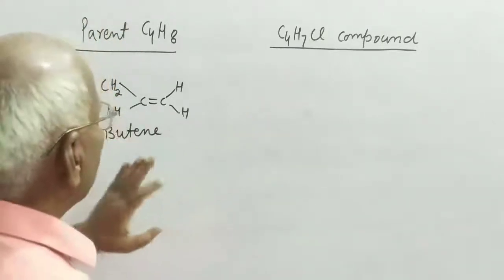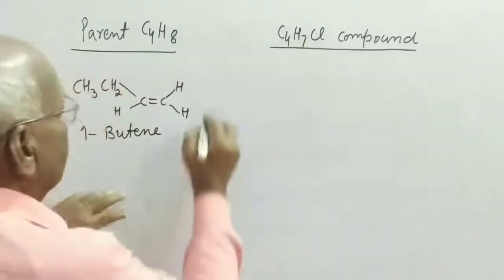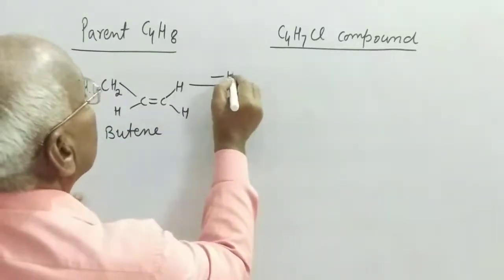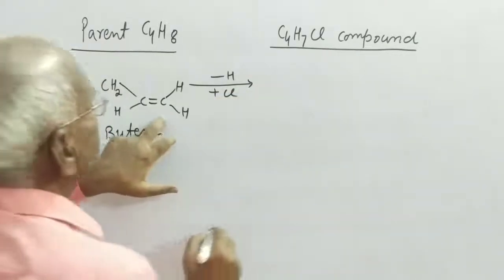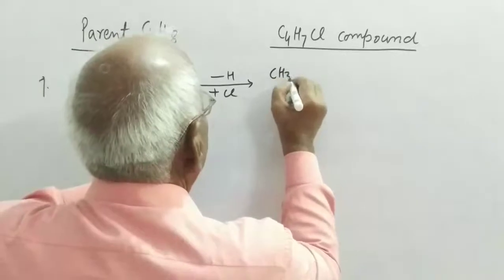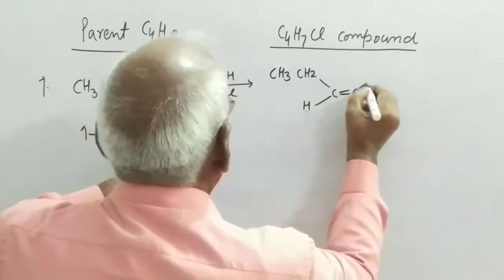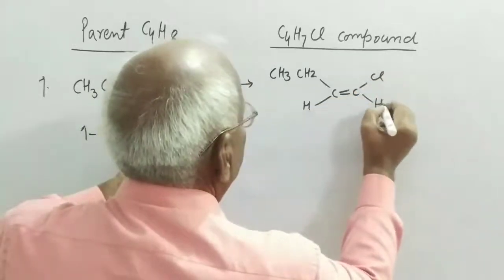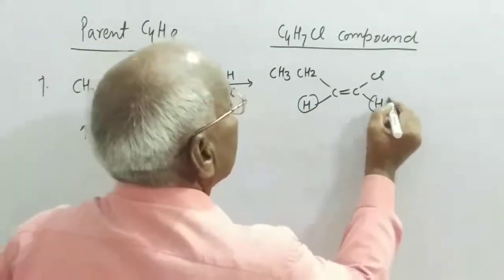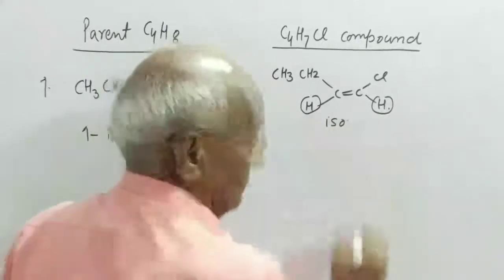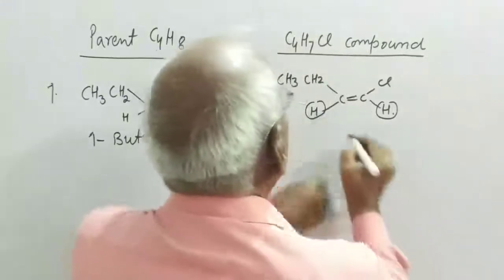I am going to write the C4H7Cl by replacing one hydrogen atom. Replace this hydrogen atom by Cl. This is a vinylic hydrogen. So the resulting molecule will be this one, with Cl and H. This is the cis isomer, because both hydrogens are on one side of the double bond.